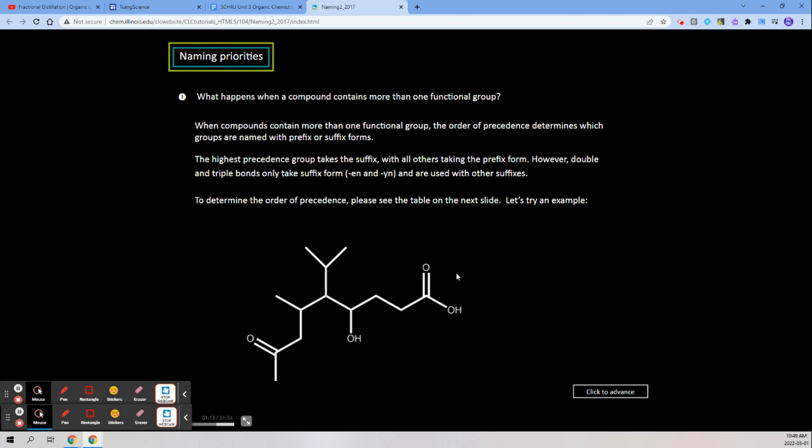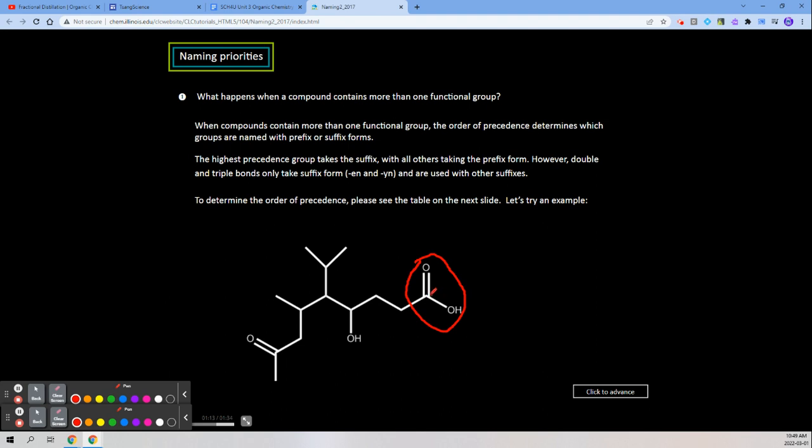So what you do is you learn the order of precedence. See this one over here? This thing over here is special. It's got a carbonyl group, plus an alcohol group, hydroxyl. When it's together, it's called a carboxyl group.